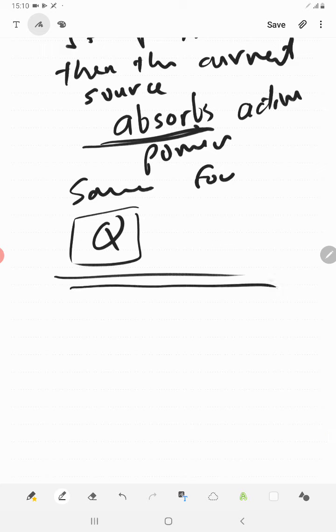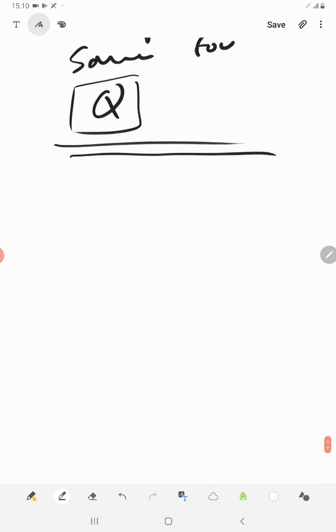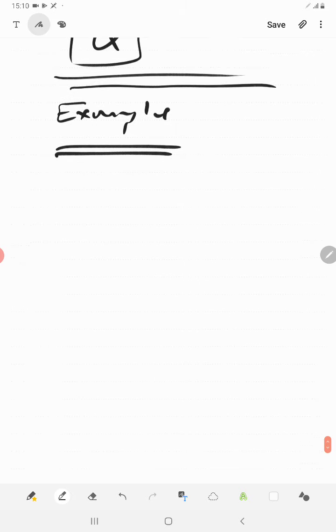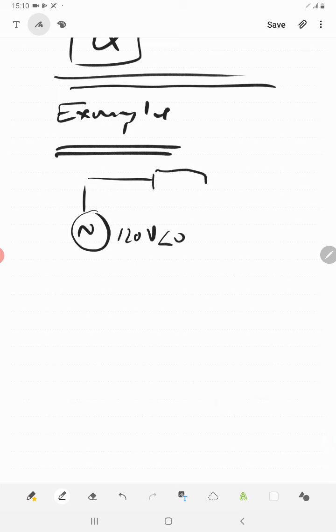Probably we will demonstrate a few examples on this, and we also have some examples in the notes, but let me give you a simple example to finalize this. Okay, let's assume that we have a voltage source of 120 volts, angle 0, and an impedance here, and another voltage source here.